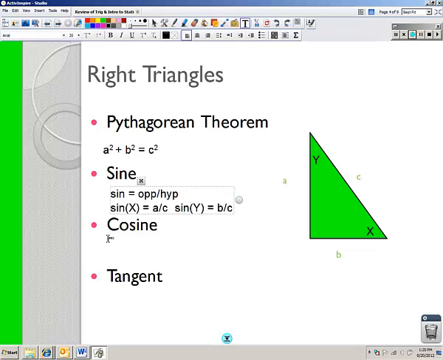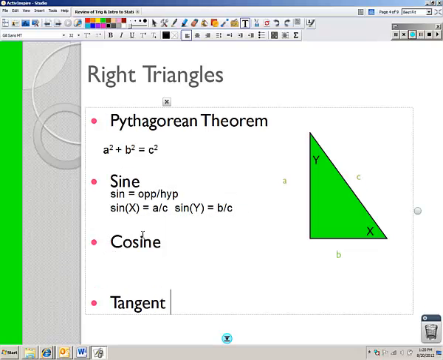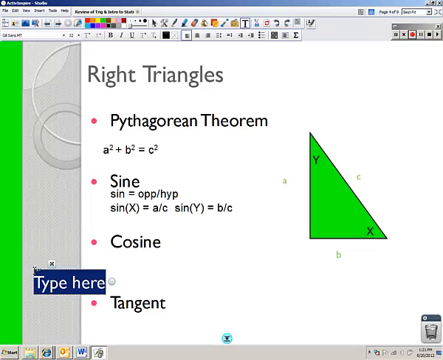Now let's do cosine. Cosine is going to be equal to the adjacent, and that's the one beside it, divided by the hypotenuse.